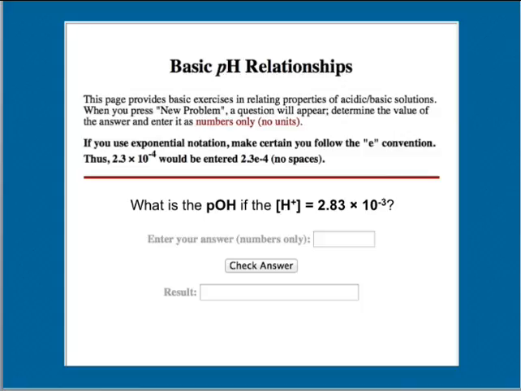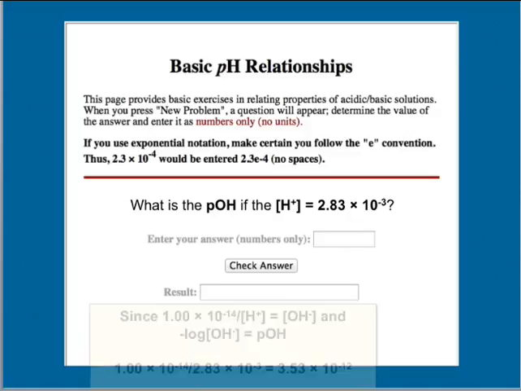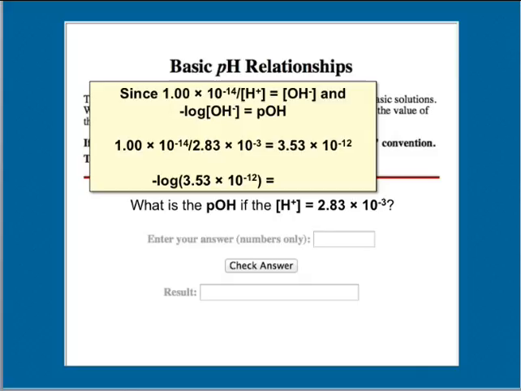If our hydronium is 2.8 times 10 to the minus 3, what's the pOH? Again, all we have to do is calculate hydroxide, right? So you divide 10 to the minus 14 by our hydronium, and that gives us hydroxide.